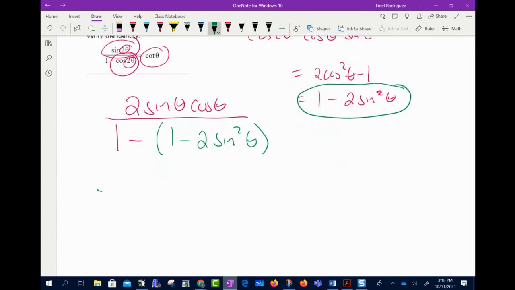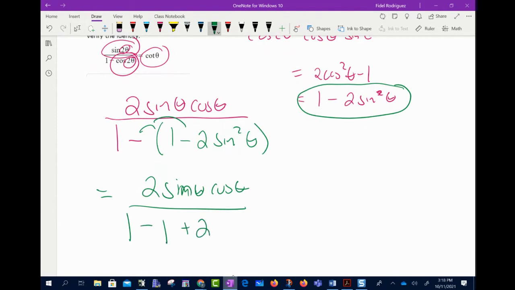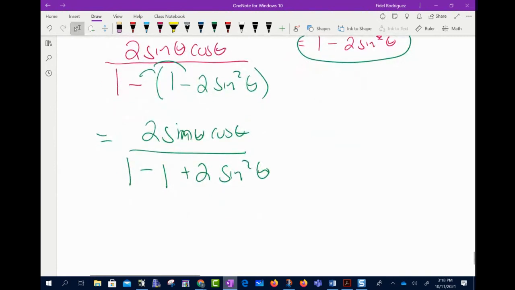So now this is going to be 2 sine theta cosine theta over 1. I'm distributing that negative. That's going to be minus 1 plus 2 sine squared theta. Okay. So 2 sine theta cosine theta.